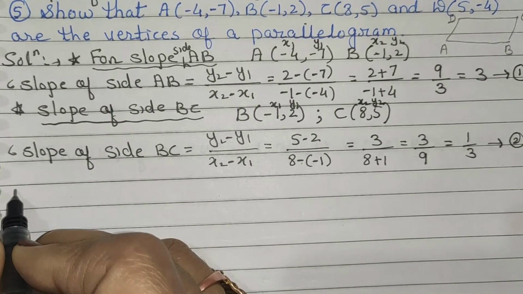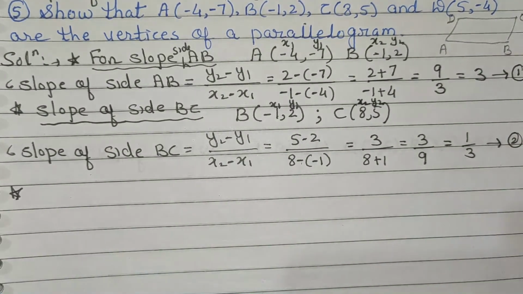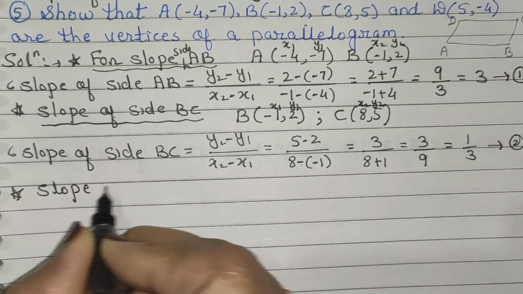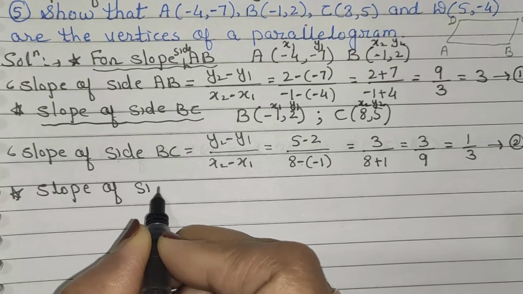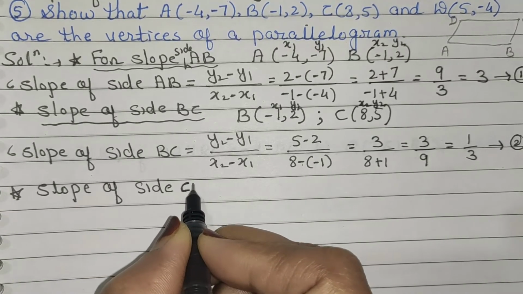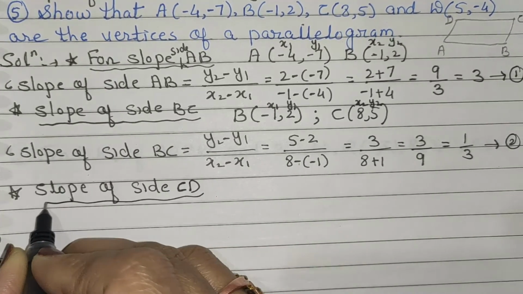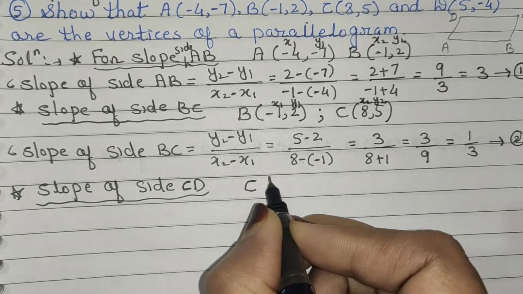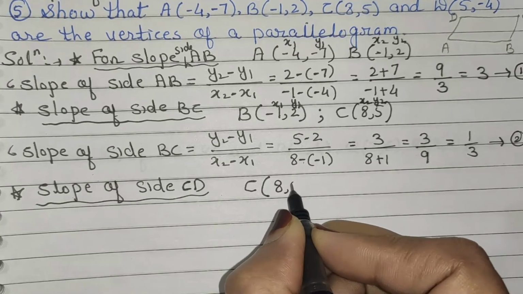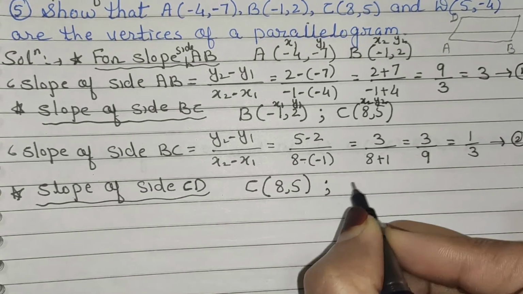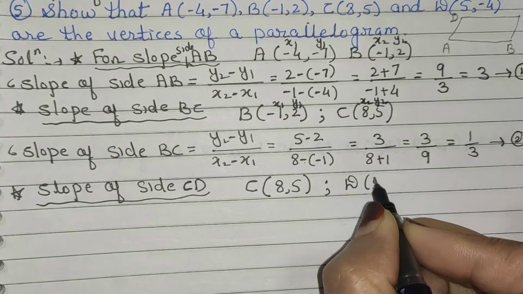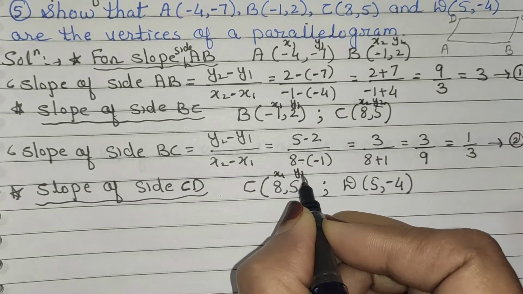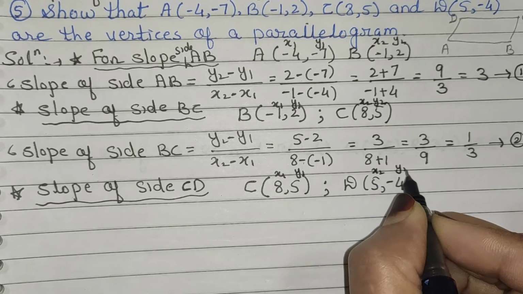And next, slope of side CD. Now for slope of side CD, write down the coordinates of point C are 8, 5 and the coordinates of point D are 5, minus 4. Let us consider the coordinates are x1, y1 and here x2, y2.